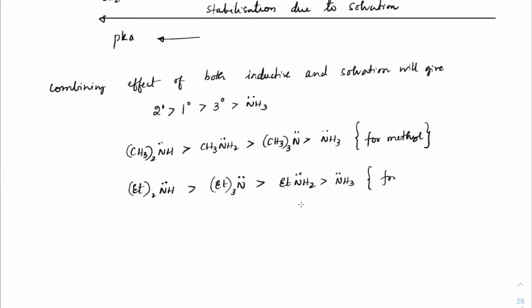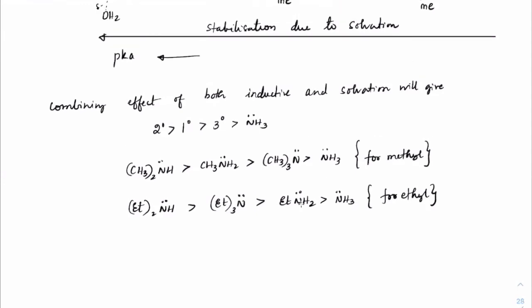This is for ethyl. So it can be only learned experimentally. In JEE syllabus, in NCERT, only these two are to be learned. Remember, only methyl and ethyl are there for your syllabus. So in aqueous solutions, you must learn that this is the order for methyl amines. This is the order for ethyl amines.